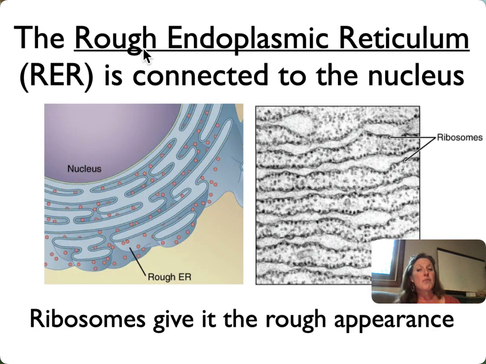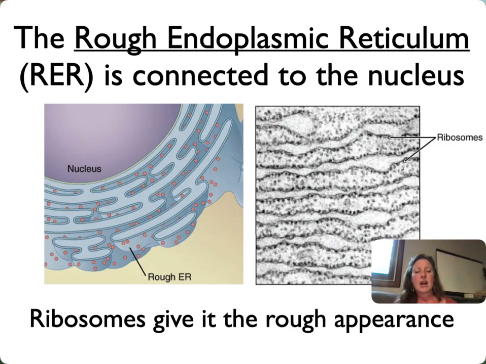And we call it the rough endoplasmic reticulum because when we look at it on the microscope, the edges of it look bumpy. Now, those bumps or those polka dots are actually ribosomes. So the ribosomes are formed in the nucleolus, which we can't see in this picture, and they find their way out and insert themselves into the membrane of the endoplasmic reticulum. Just so you know, ribosomes also come out here and just float free.